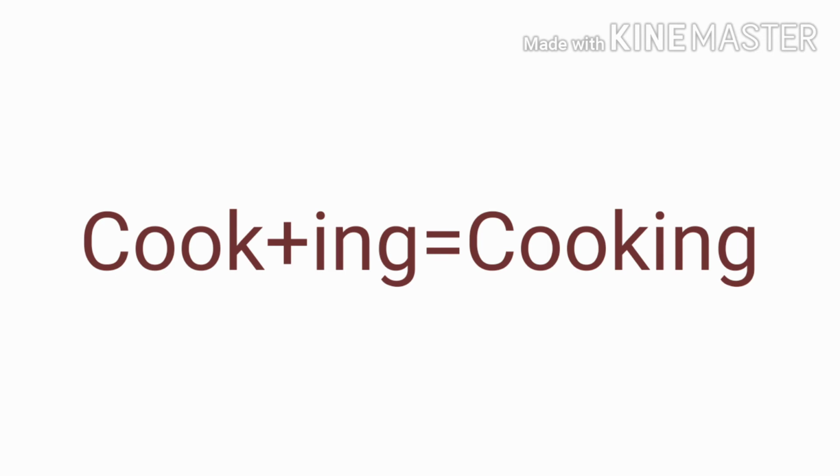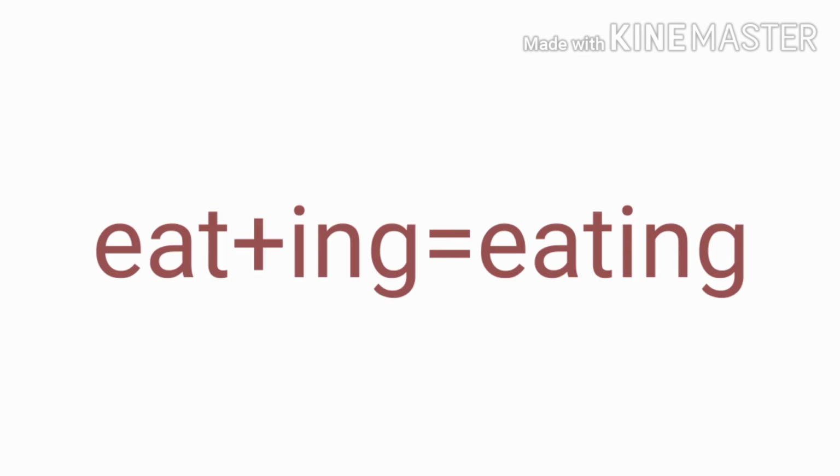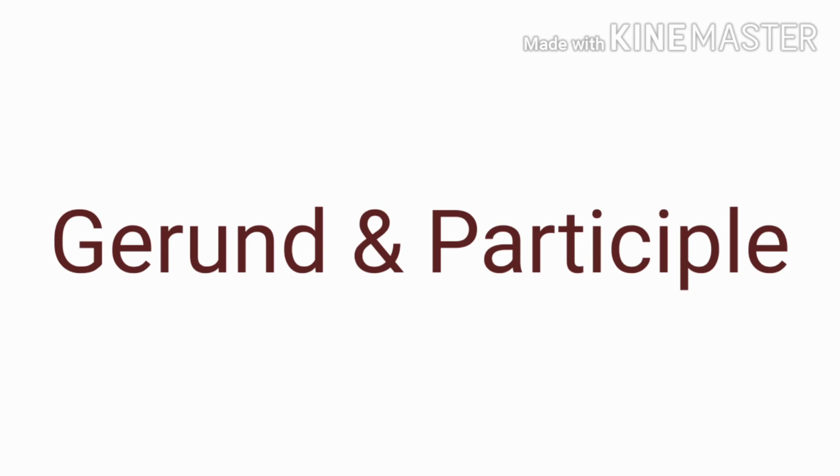The participle of eat is eating; eat becomes eating. Why? Because we need the present participle, right. Another example like swimming, laughing, playing; through that we should mark that this is a present participle. But you should know the differences between gerund and participle. For that also I made a video, so please go back and watch that video so that you can understand the differences between the gerund and the participle.